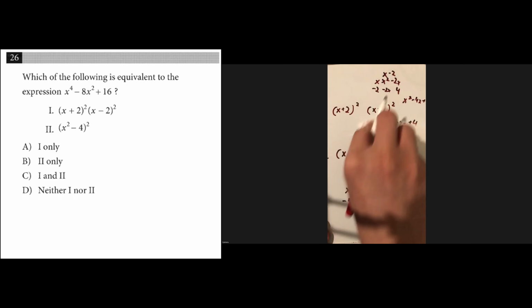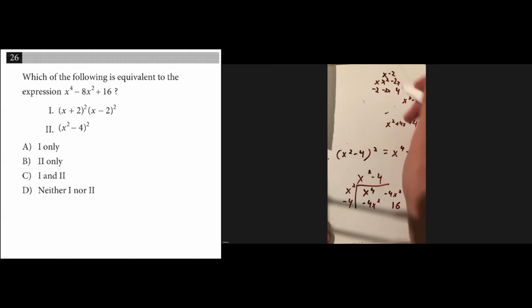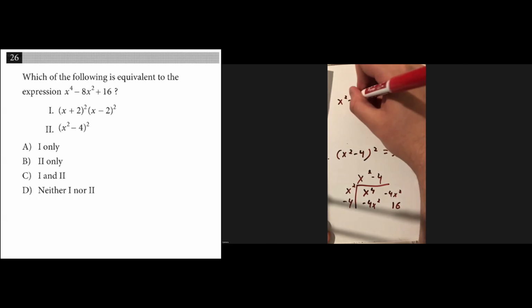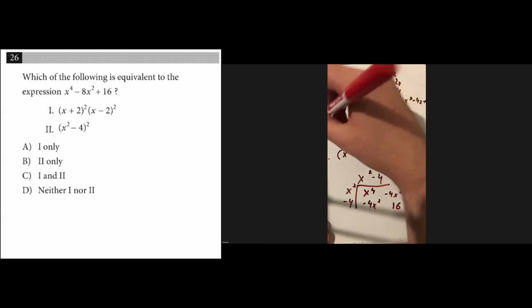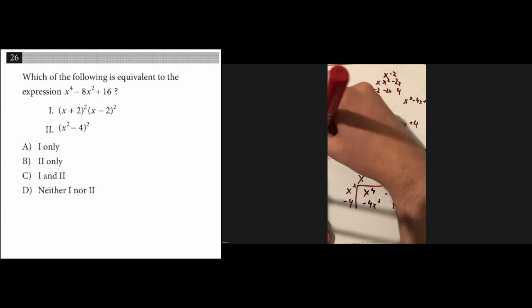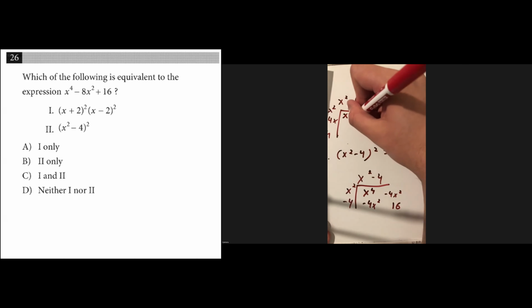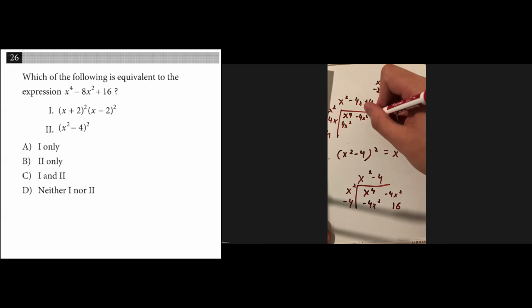Again, I would recommend just using your calculator for this one instead of doing all the work manually. But when we multiply these two together, we have x squared plus 4x plus 4 times x squared minus 4x plus 4: x to the fourth, negative 4x cubed, 4x squared.